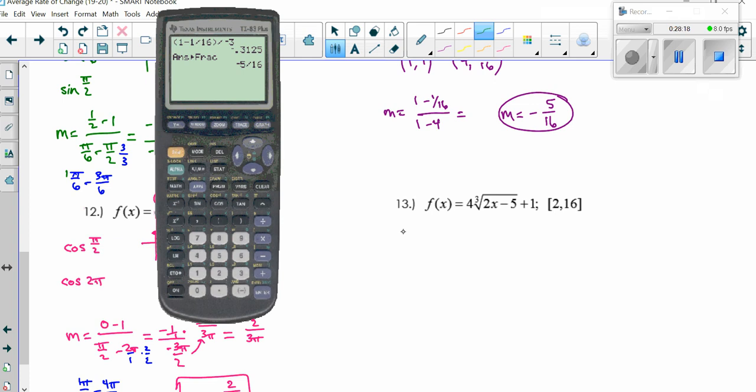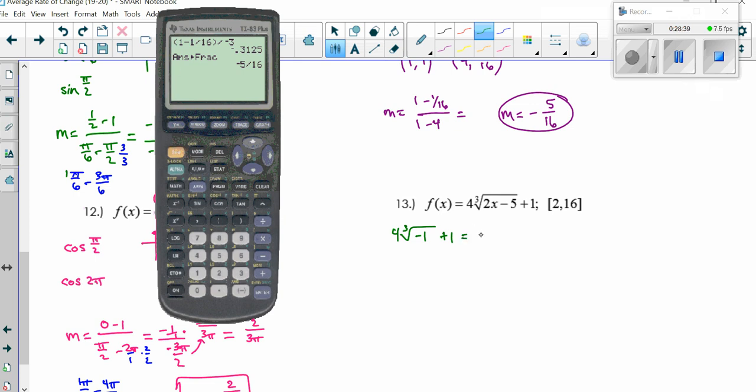I'm going to write some of this out. The more steps there are, the less mistakes I want to make because there's a lot of opportunity here. If I substitute a 2 in, let's see, 2 times 2 is 4. 4 minus 5 is -1. And then be careful you don't lose that +1 on the outside here. Okay.